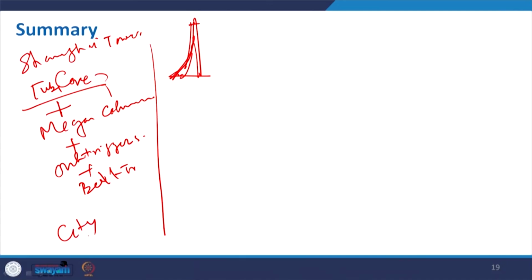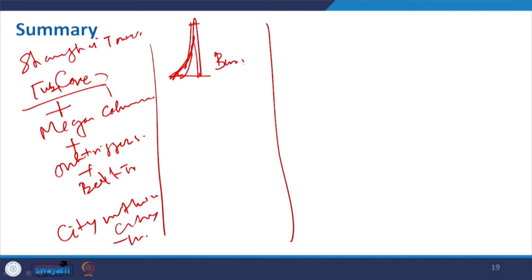So, this has been classified, and that is with the concept of a city within a city tower.